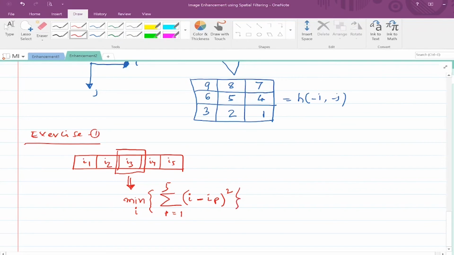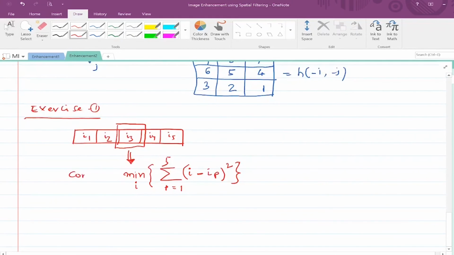This is what I would like to compute. Is that clear? So the question for you is, you need to do it analytically here. Compute I such that it minimizes the sum of this.